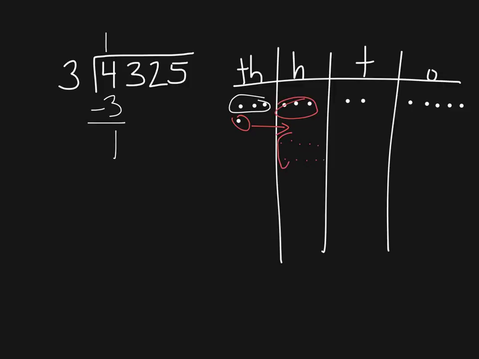I can make 4 groups of 3 because I'm going to bring down those 300s and think of it as 13 hundreds. And I was able to make 4 groups of 300s. That used up 12 of my hundreds. And you can see I've got 1 left over that I'm going to regroup here into my tens.